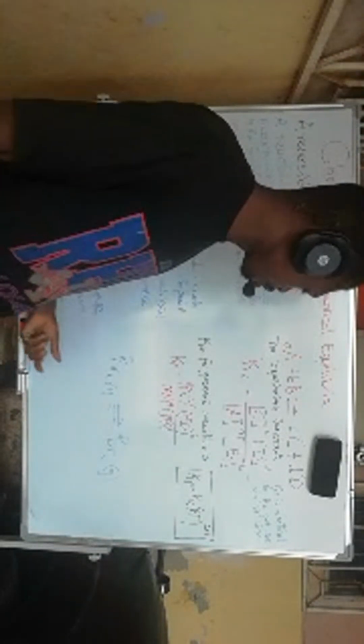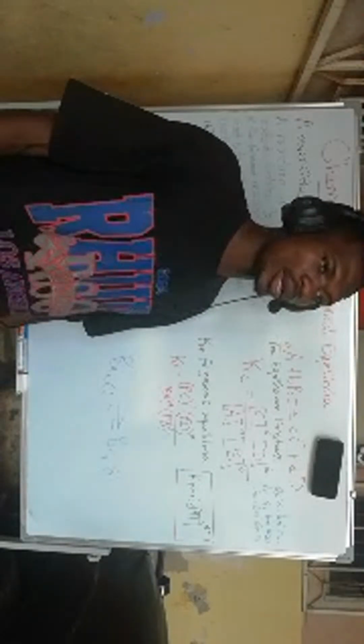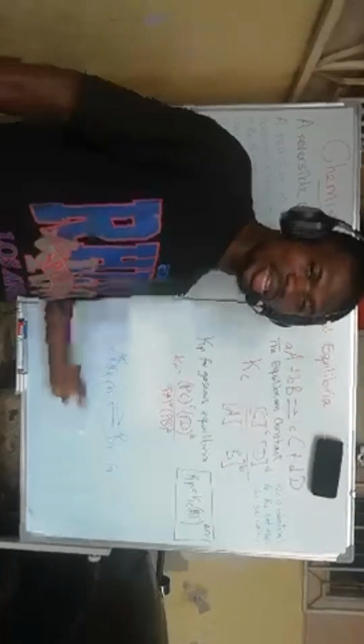That's liquid bromine being converted to gaseous bromine. This reaction attains equilibrium, and this equilibrium will be described as physical equilibrium. Why? Because the substance involved has changed its physical state from liquid to gas, or any other change of state of matter. So then we talk of physical equilibrium.